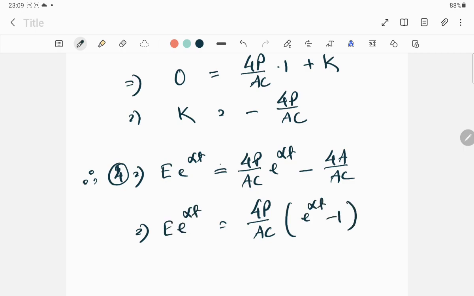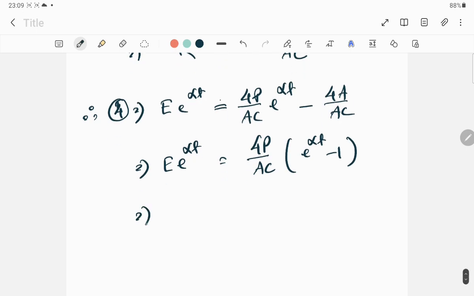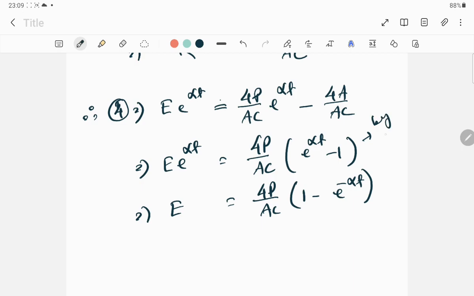Dividing both sides by e to the power alpha t, E is equal to 4P/AC into (1 minus e to the power minus alpha t).